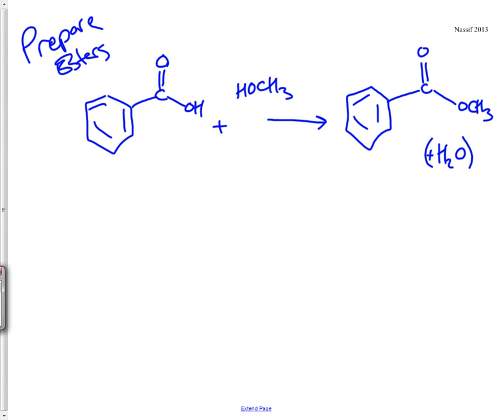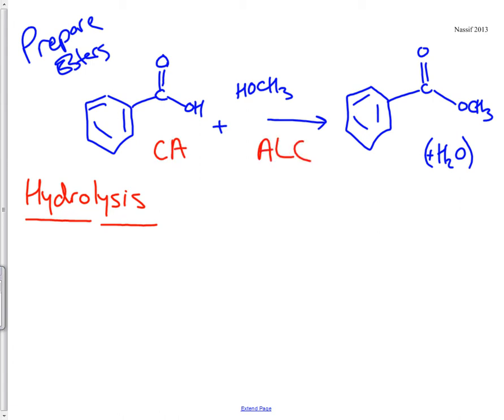There is a reaction of esters that you need to know. This is what we call hydrolysis. This name has two parts, hydro, meaning water, lysis, meaning to split. So, essentially, the reaction of the ester is to use water to break it apart. Now remember, when we added our carboxylic acid to our alcohol, we gave off water. So now, to go backwards, we're adding water to break apart this bond.